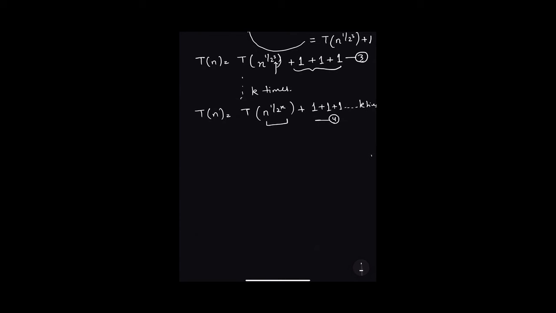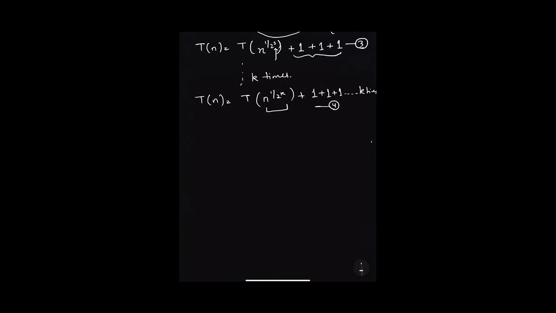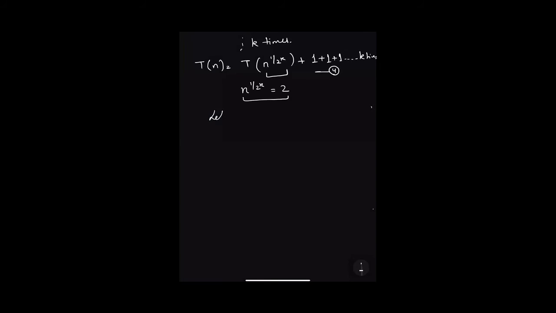Now I have to check that this has to be equal to my stopping condition. We have said that my stopping condition is 2. So I can say that n raised to the power 1 by 2 to the k is equal to 2. Let's suppose my n is equal to 2 raised to the power of m. What we are basically doing is putting it into some powers of what I am having on my right hand side.